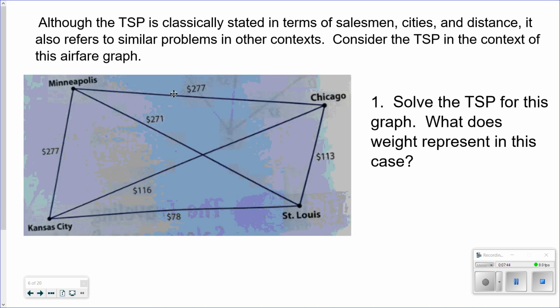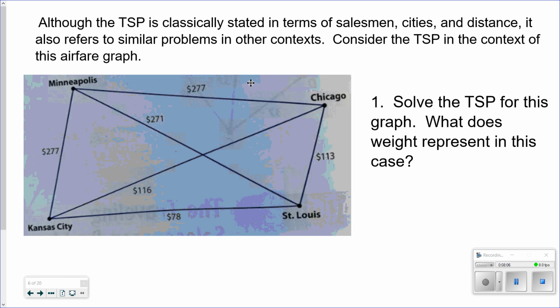Now, it's called the traveling salesperson problem, but it can be presented in different contexts. So it says, although the TSP is classically stated in terms of salesmen, cities, and distance, it also refers to similar problems in other contexts.